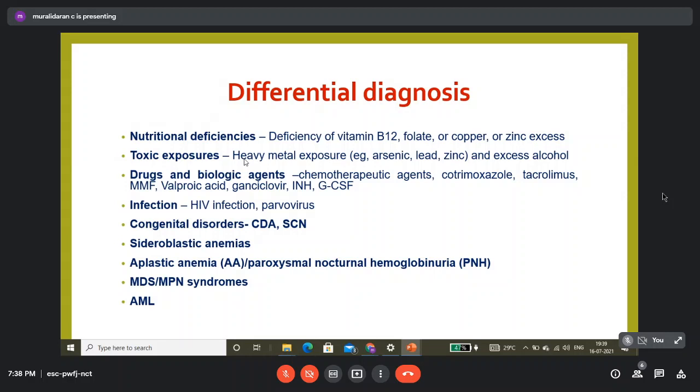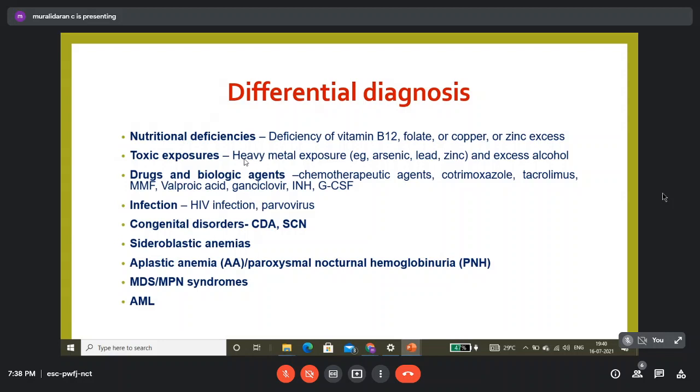Also history of infection, especially HIV infection, and parvovirus, which causes erythroblastopenia and can also cause pancytopenia presenting as aplastic crisis. Congenital disorders like CDA and congenital neutropenia should also be kept in mind in a younger patient.